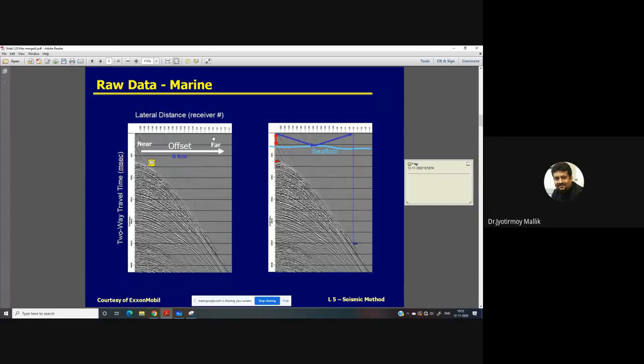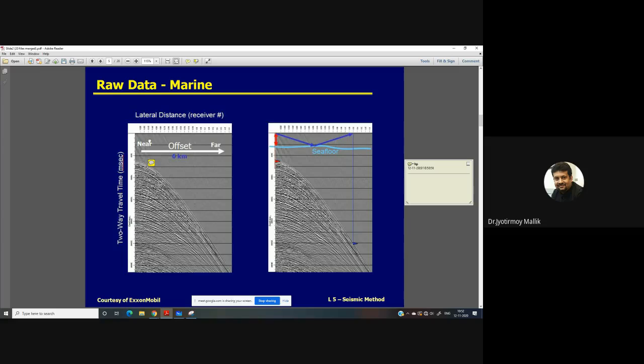The data that comes from the further part from the source is called far offset data. So near offset, far offset. Remember why they are important, I will explain later on.